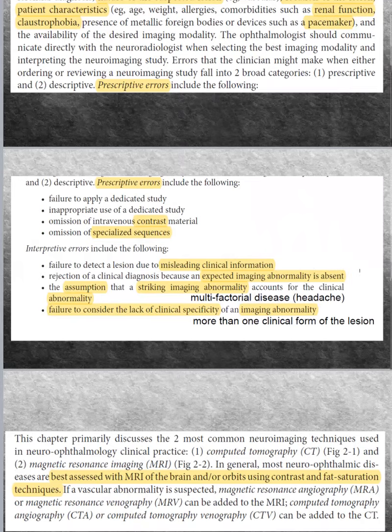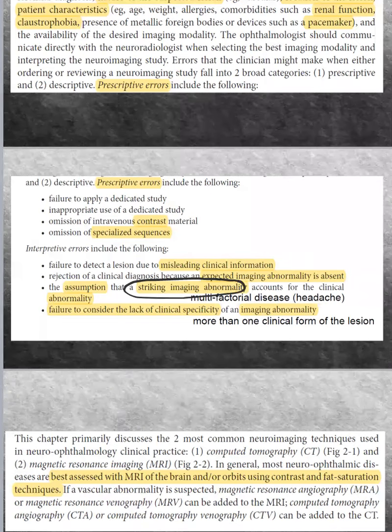Refusal of clinical diagnosis due to the absence of the imaging abnormality. Here, I can see a striking imaging abnormality, but the assumption that this striking imaging abnormality is the only factor responsible for the lesion or the disease is not 100% true.